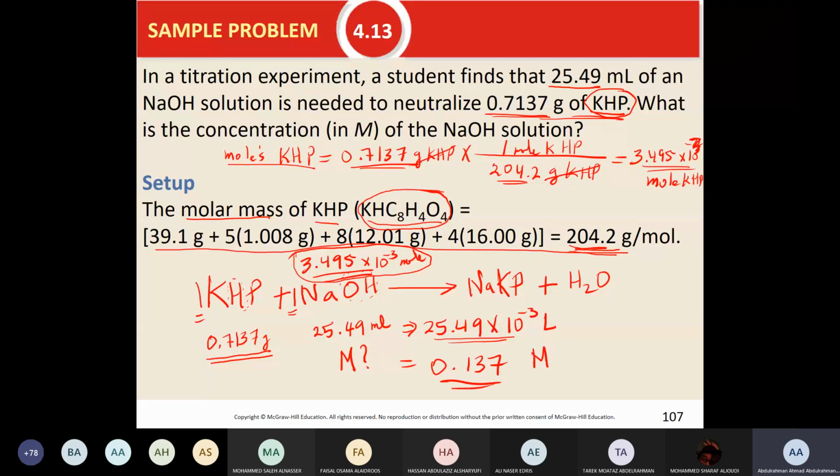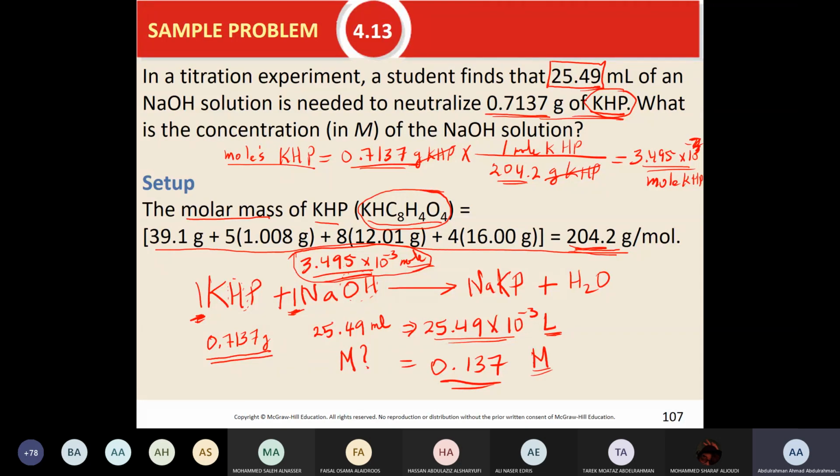Because this is 1-to-1, the number of moles of NaOH is the same number, 3.495 times 10 to the power minus 3 mole. I know that I use in this reaction 25.49 milliliter, so I change this to liter, and I divide the mole by liter, and this gives me the molarity. As simple as that.